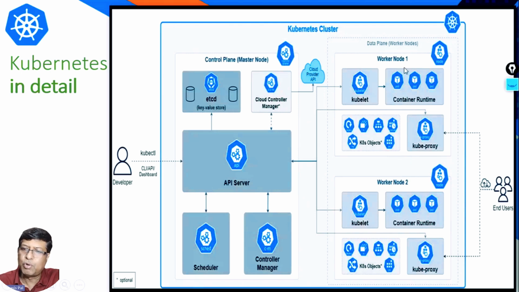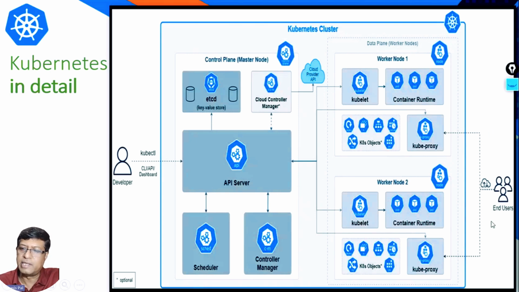A few of the web applications are also running on worker node 1, and a few of the database applications are also working on worker node 1. So there can be a combination, and it can be distributed between the nodes. You cannot say that worker node 1 is totally separate from worker node 2, and that to access this application I will always need to hit worker node 2.